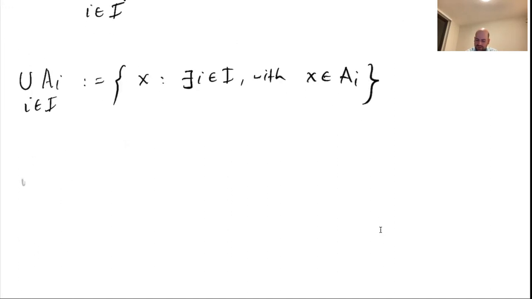So similarly, the intersection of AI, I belongs to the index set, is defined as follows.